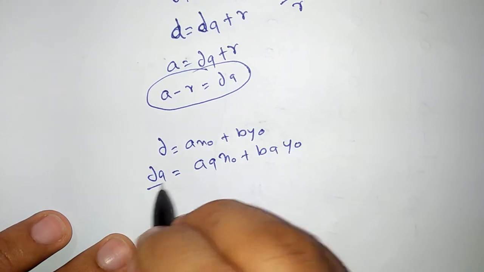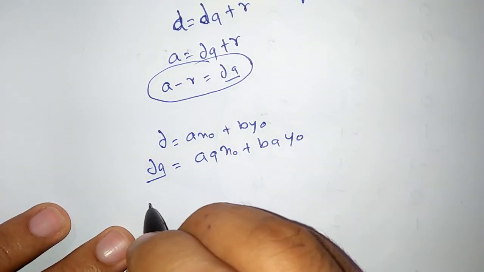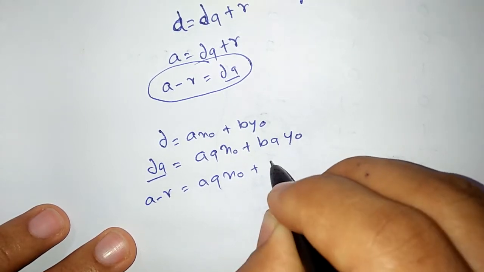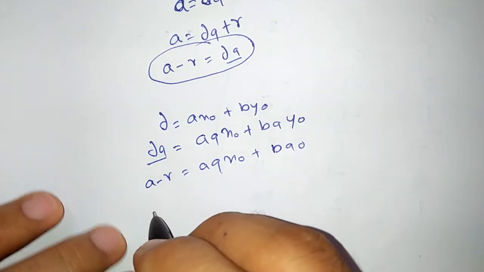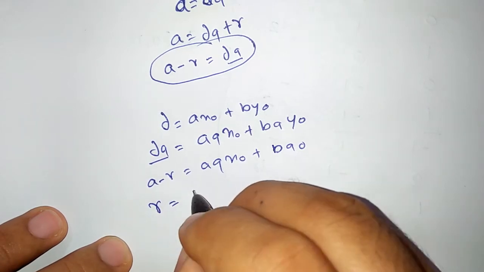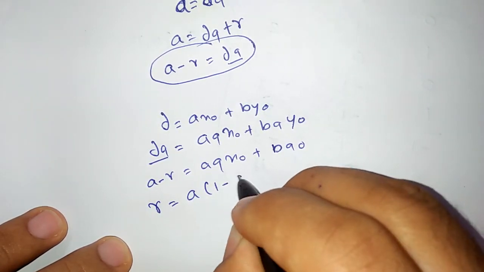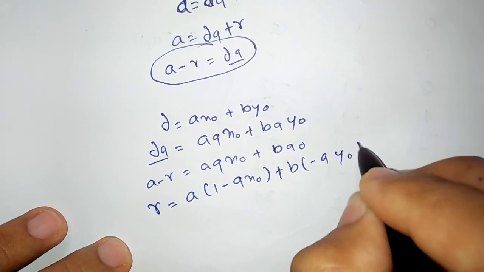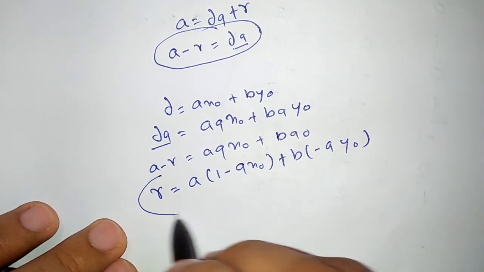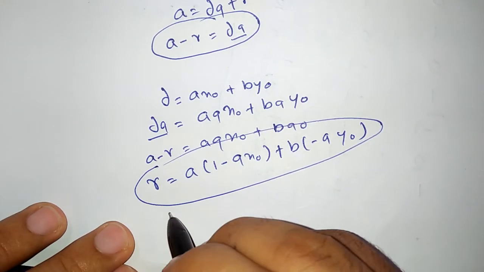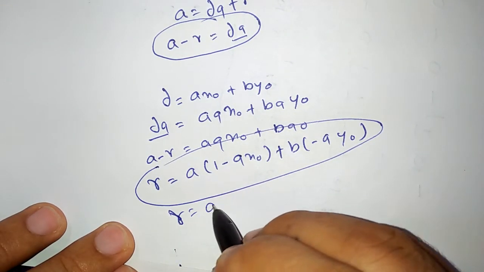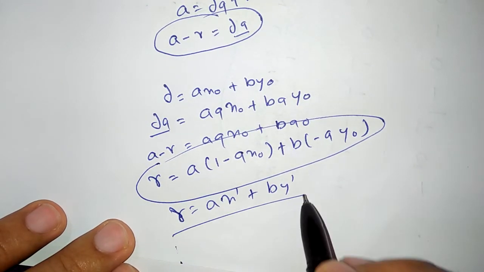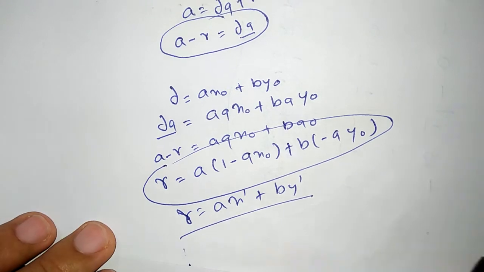These two values are equal, so let us substitute, and when you solve this, you get r is equal to A(1 minus q x naught) plus B(minus q y naught). So r is a linear combination of both A and B.